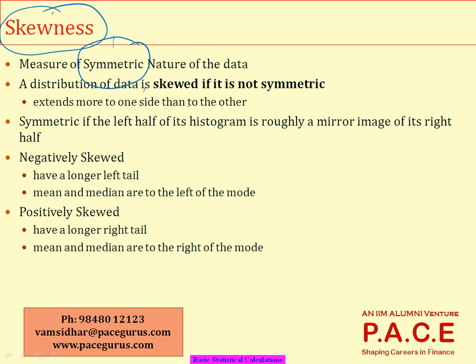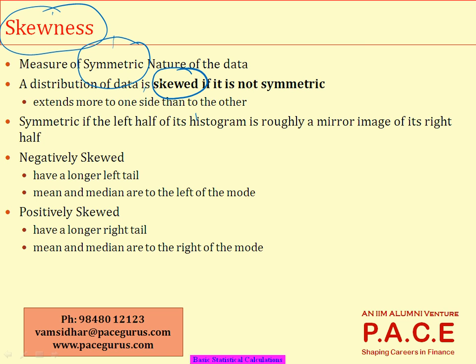Is the lower 50% a mirror reflection of the higher 50%? If I am trying to plot a frequency distribution, is there any kind of symmetricity in the data, which means the lower 50% of the data, is it a mirror reflection of the higher 50% of the data? So the data is more skewed if it is not symmetric. That's the word we use.